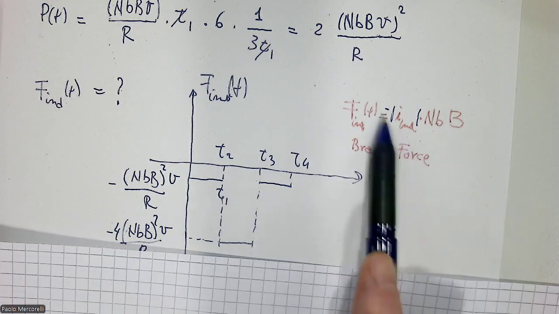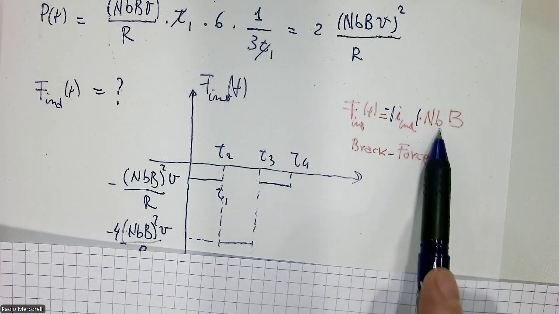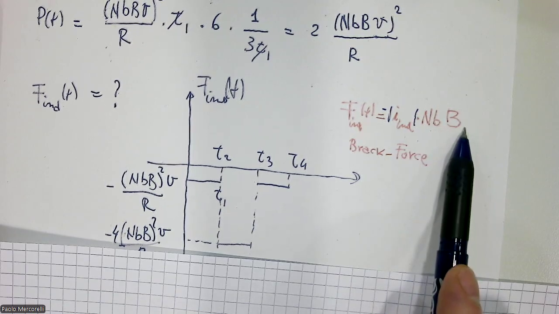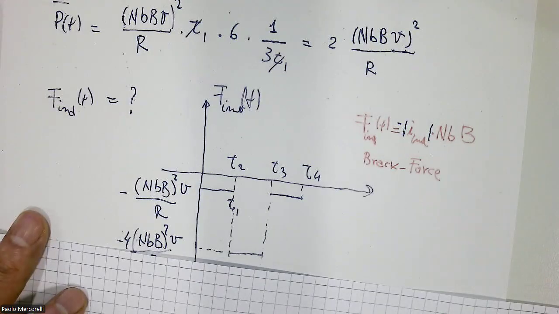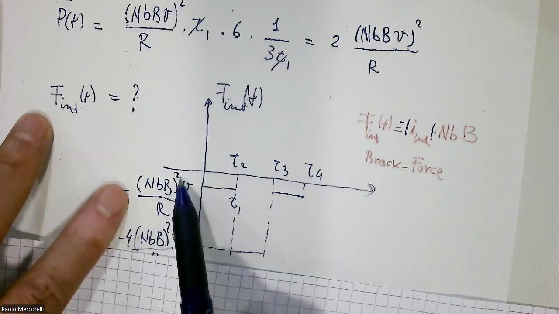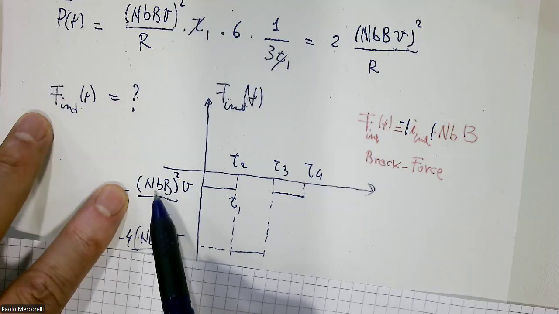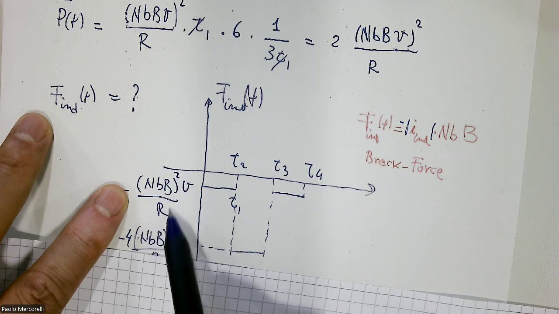You apply it: minus the absolute value of the current, multiplied by N, multiplied by B capitalized. Easy, because the current was, you remember, n b not capitalized multiplied by b capitalized squared divided by r. This was the current.